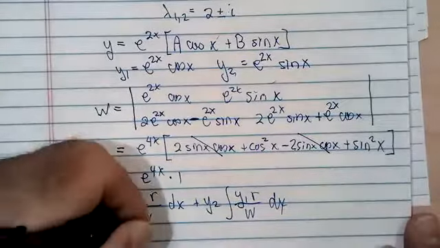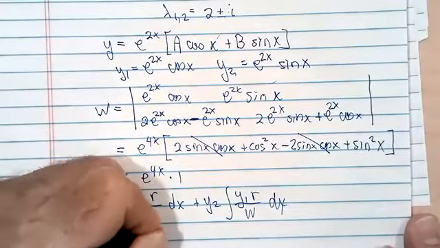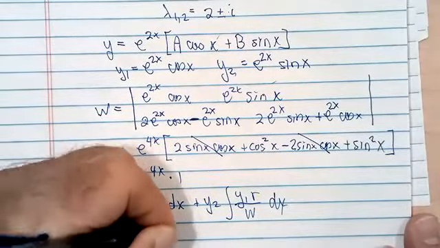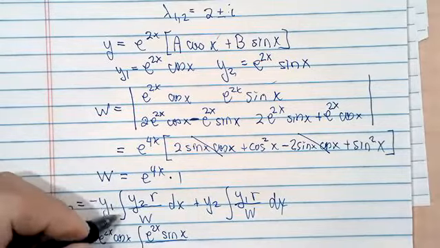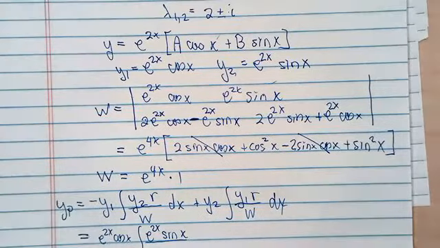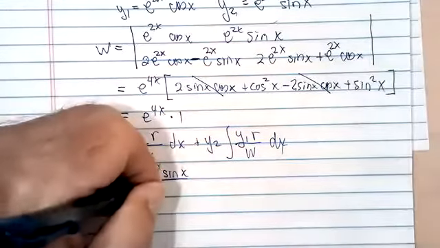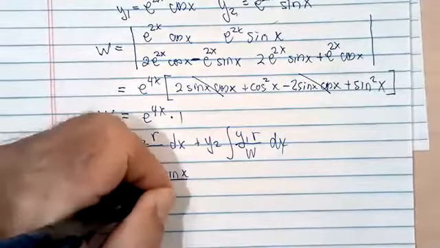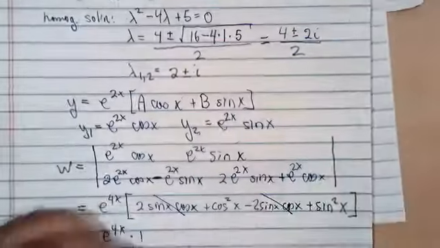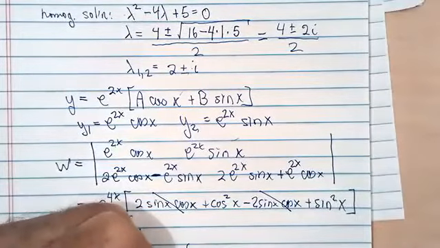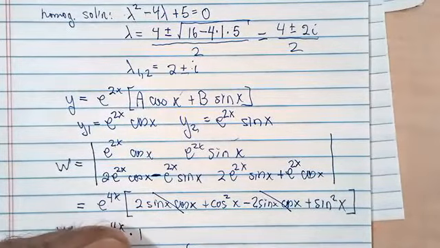Antiderivative of y2, e to the 2x sine of x, over w. W is e to the 4x, I think, wasn't it? Can't see it. Here it is. E to the 4x. And r is e to the 2x over sine x. Let's write it that way. Cosecant is 1 over the sine dx.